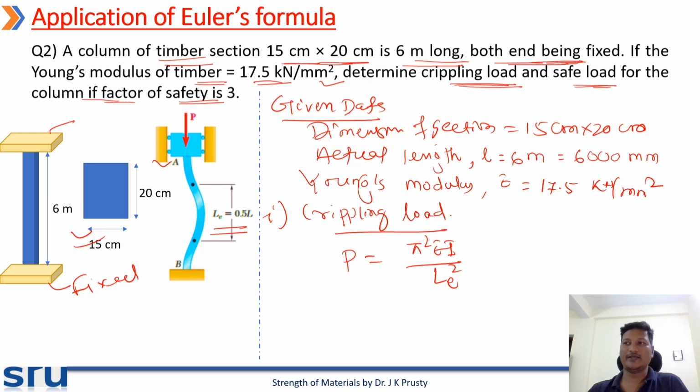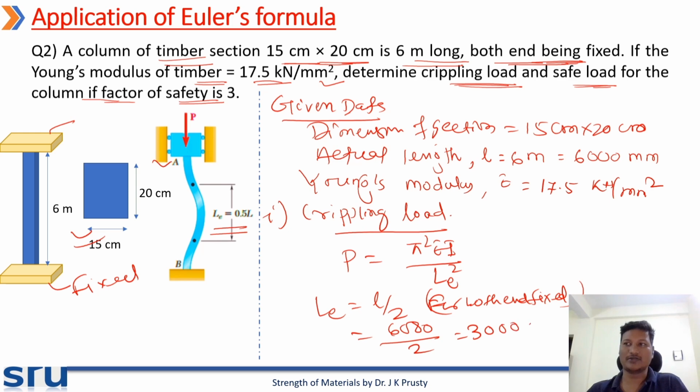LE is your effective length, as we have discussed. Here LE is L by 2, as both ends are fixed, so it is equal to 6,000 divided by 2, which is 3,000.